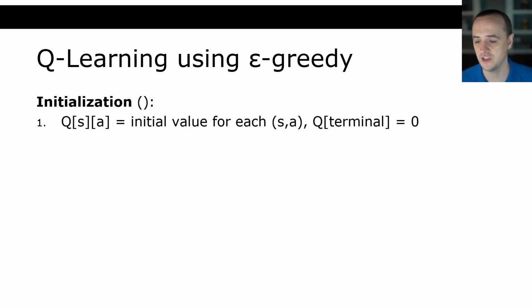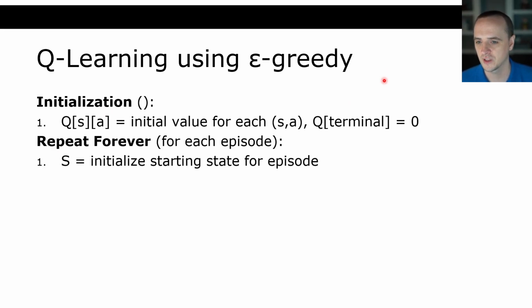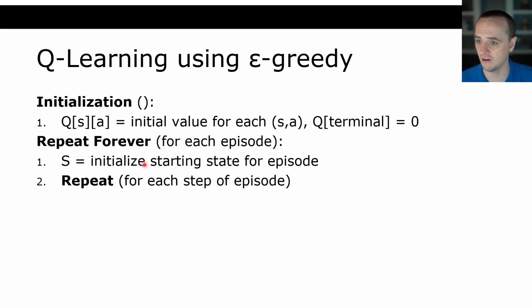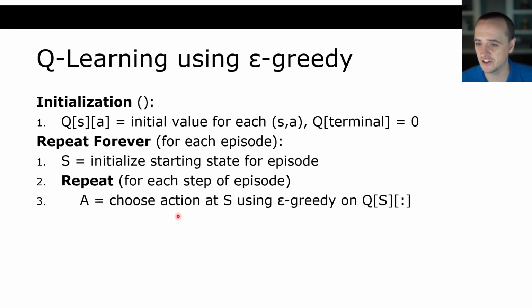So here it is. We have the exact same initialization as SARSA. Here, all we have to do is, for each episode, and remember, this does not necessarily have to be episodic, I'm just showing you how you would do it for episodic tasks, for each step of the episode, we choose an action A at state S using our epsilon greedy.